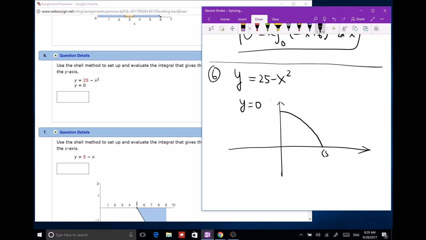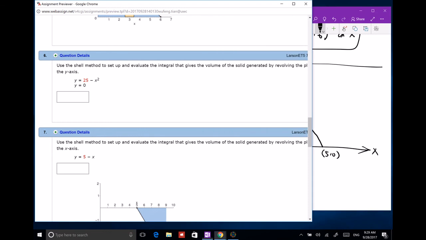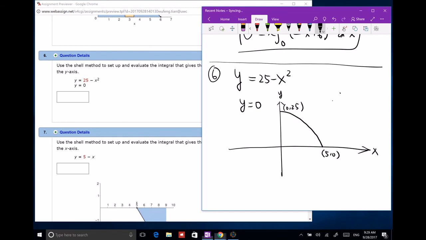This is (5, 0) and this is (0, 25). When x equals 0 is the y-intercept, and y equals 0 gives the x-intercept. Now y equals 0 is the x-axis. It says use the shell method, so it's about the y-axis.